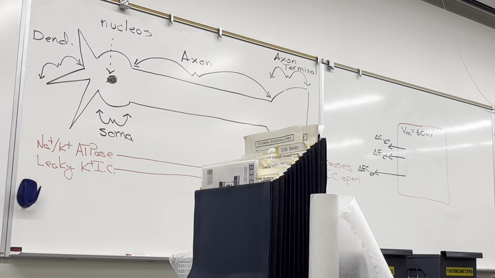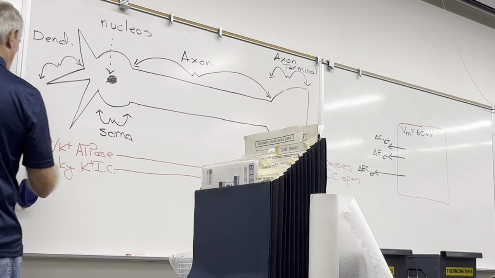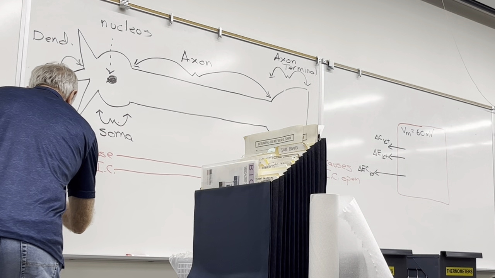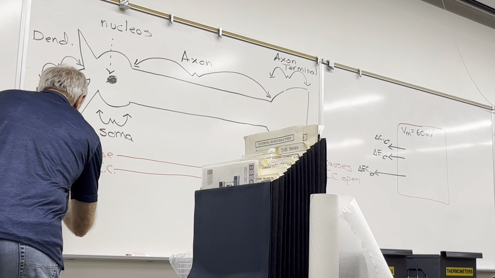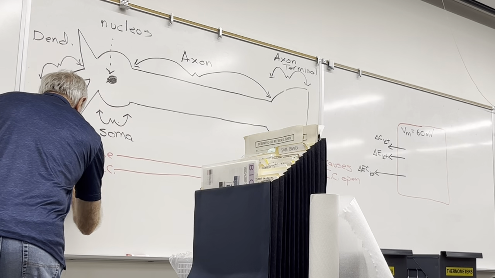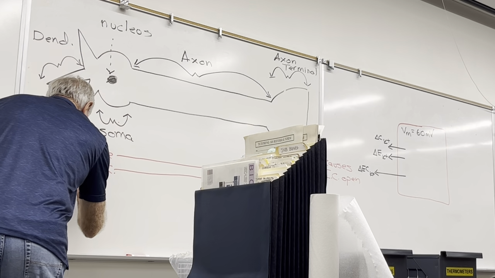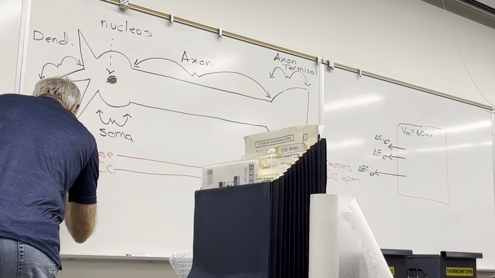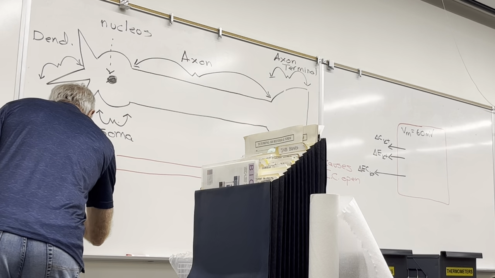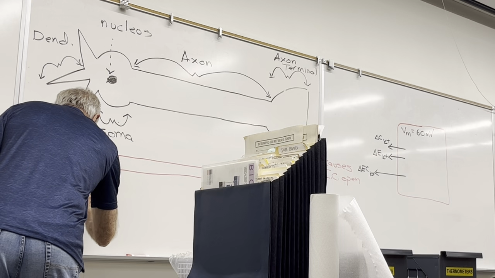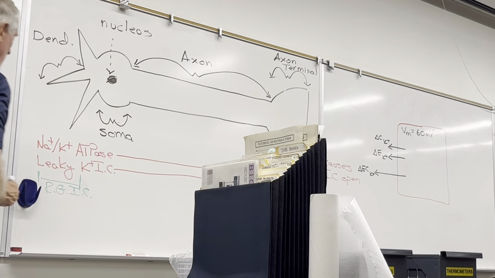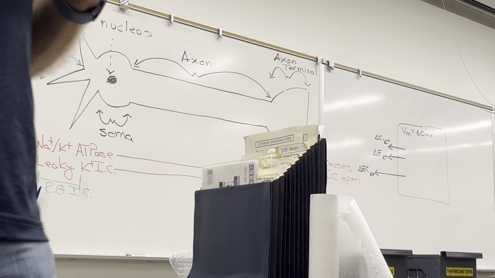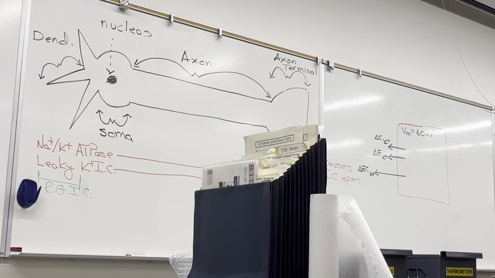Receptor-gated ion channels are found here. So I'm just going to put R period for receptor, G for gated, and then ion channel. So receptor-gated ion channels, for the simple story, are found in the membrane of dendrites.